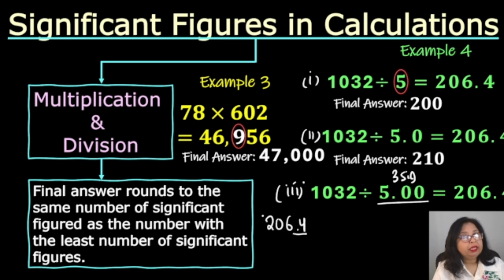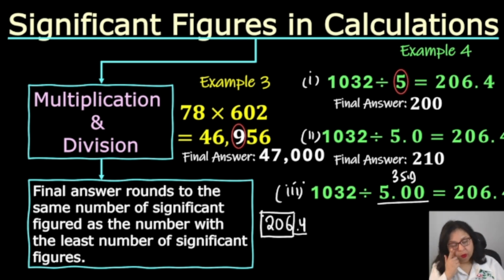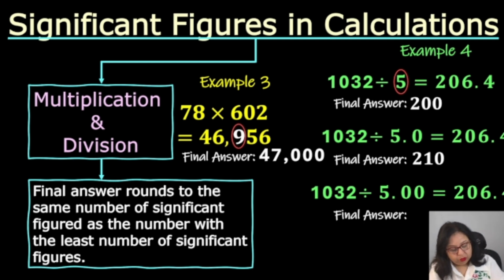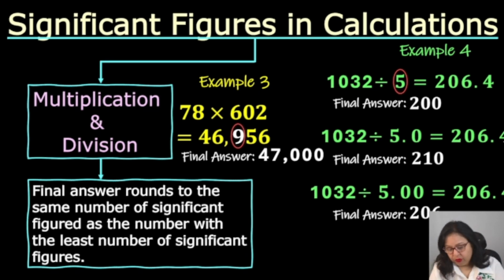So we want to keep the first 3 digits. To do that, we look at this last digit. Since it is less than 5, the digit to the left of it will remain itself. So the answer is 206.